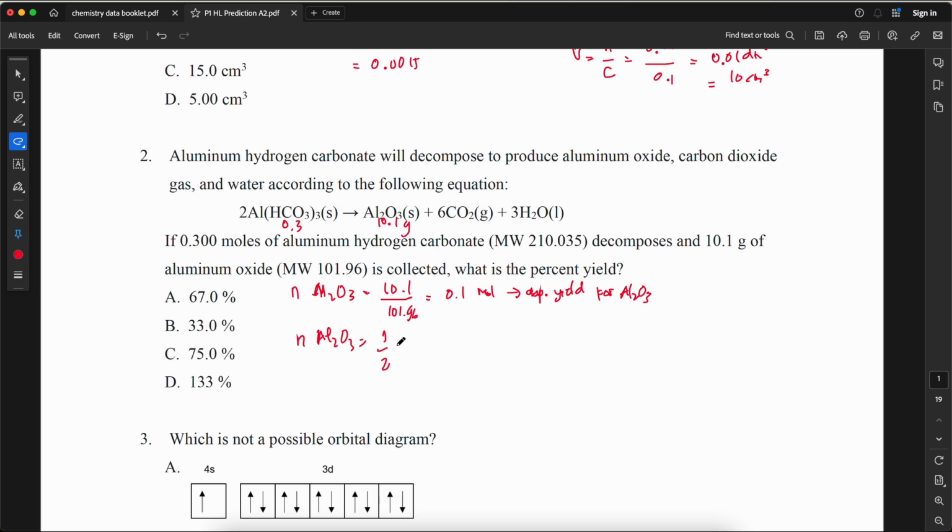So 1/2 times 0.3, which is 0.15 mole. So this one is for the theoretical yield. To find the percentage yield, that would be 0.1, the experimental yield, divided by the theoretical yield, and you will get 67%.